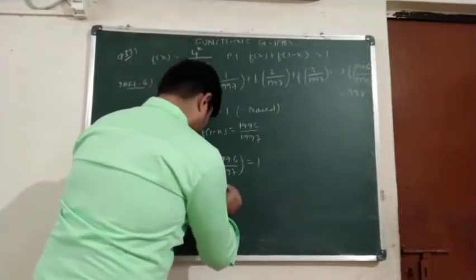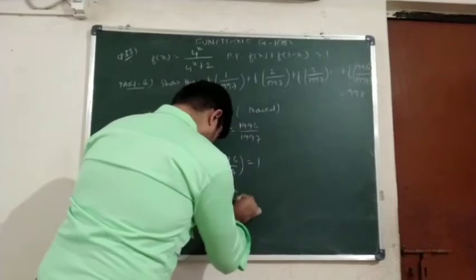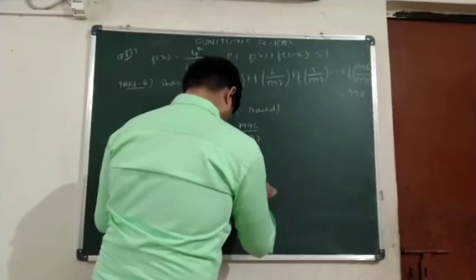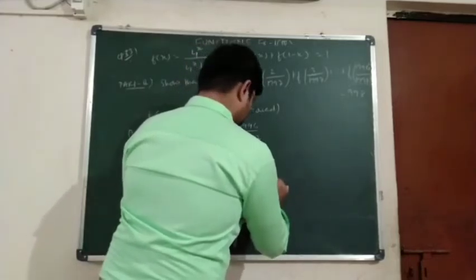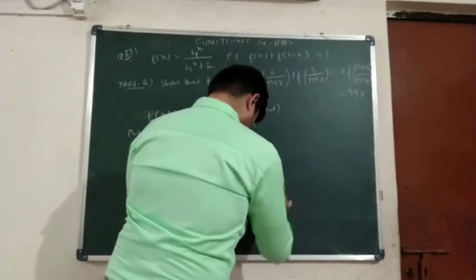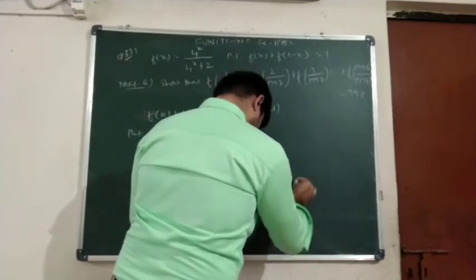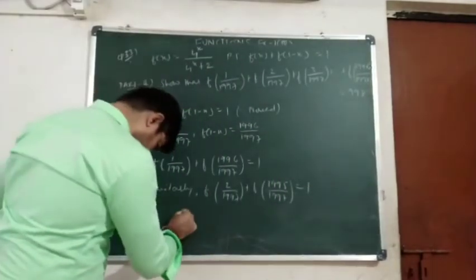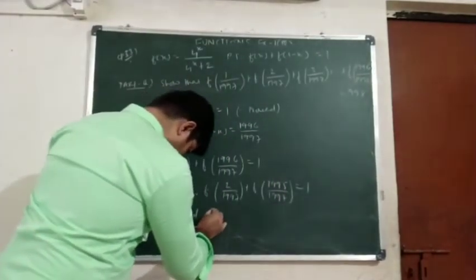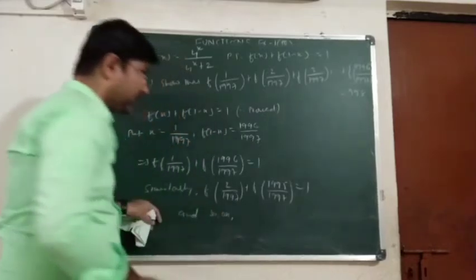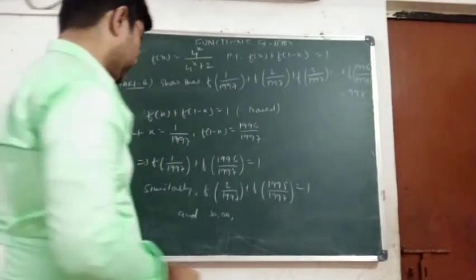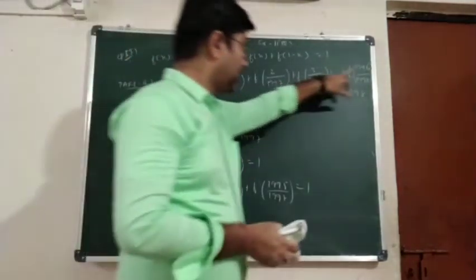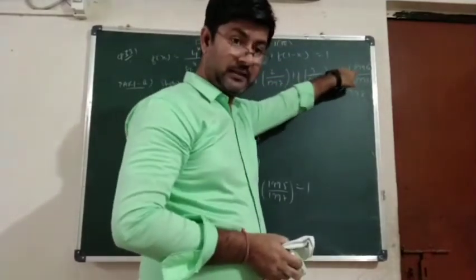f of 2 upon 1997 plus f of 1995 upon 1997 will be equal to 1, and so on if we go. Okay, so there are how many terms? The last term is 1996.